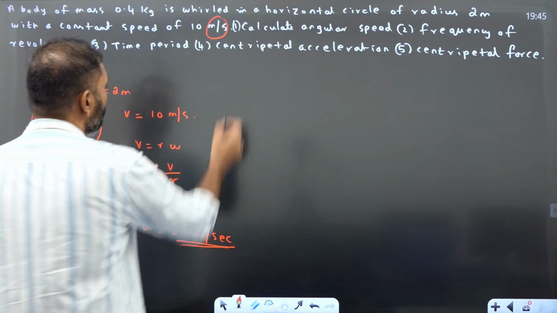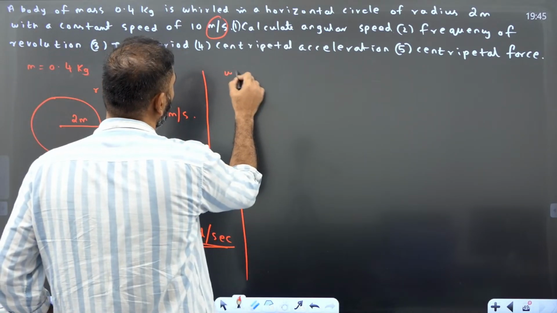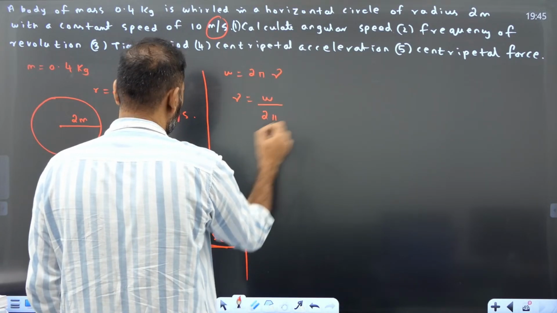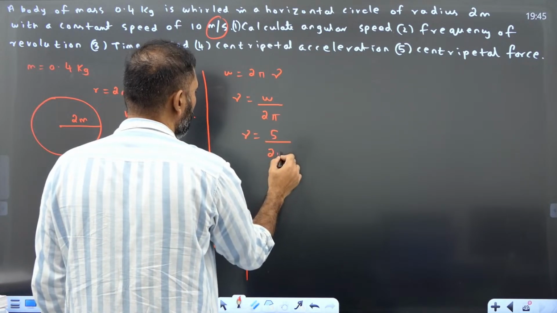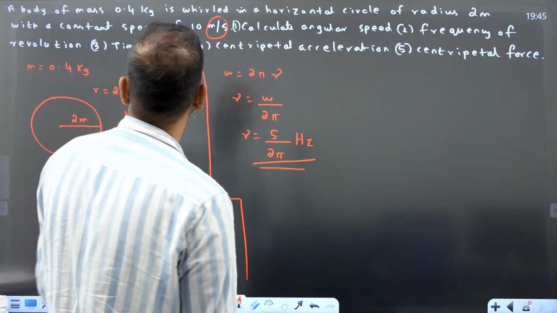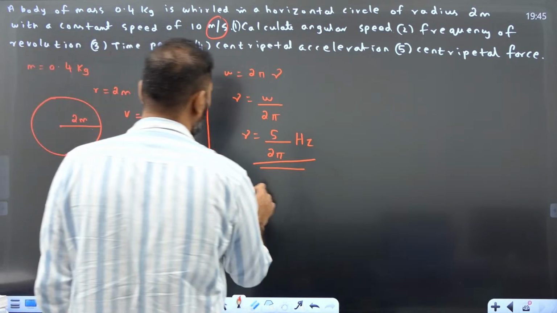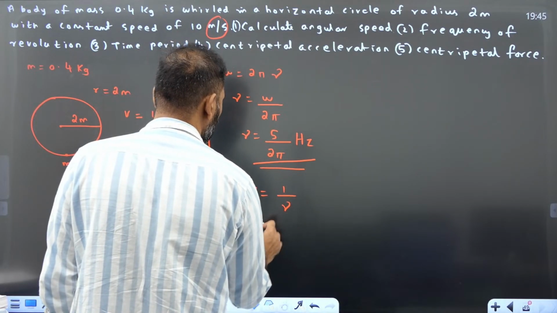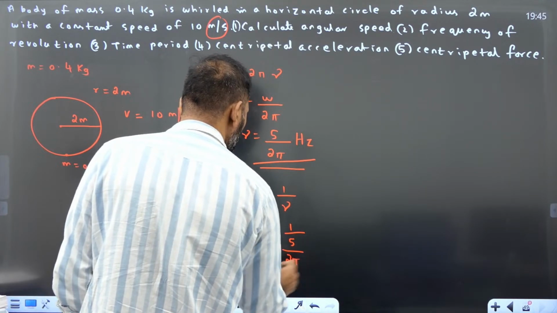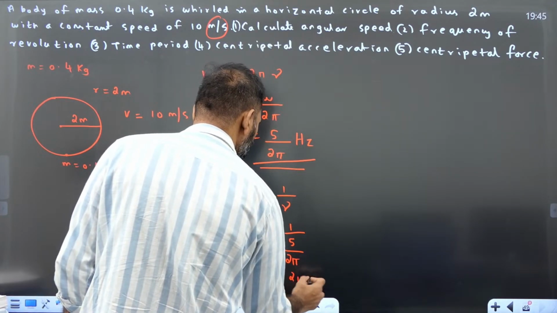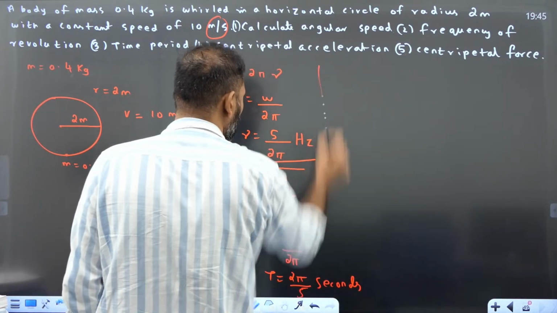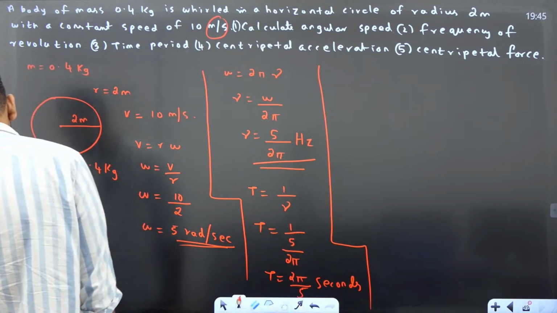Next is frequency of revolution. We know that omega is equal to 2 pi nu, so nu is equal to omega by 2 pi, which is 5 by 2 pi hertz. Now, what is time period? Time period is the reciprocal of frequency, so it is 2 pi by 5 seconds.